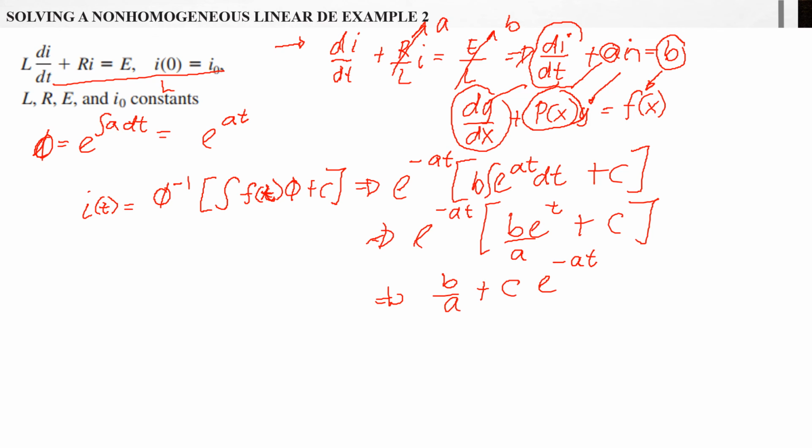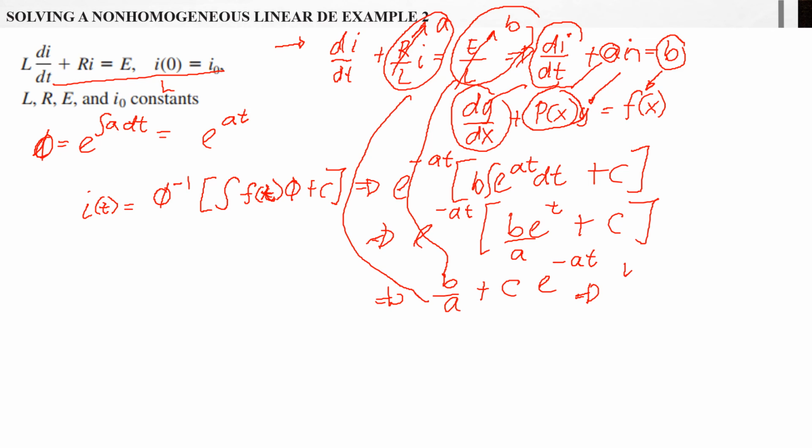However, if we remember that A is equal to R over L, take note that B is equal to E over L. A is equal to R over L, and we substitute that.